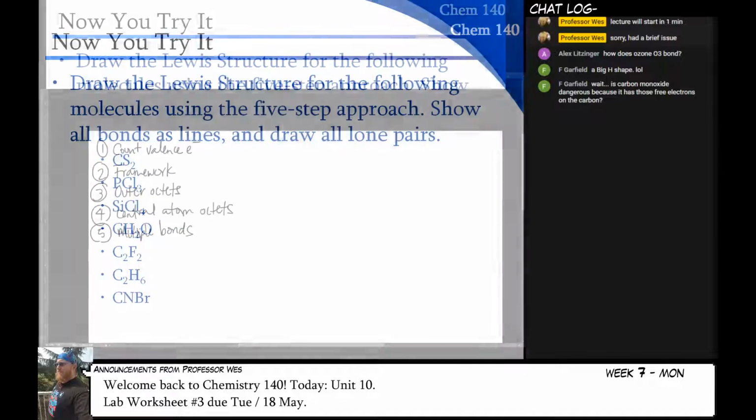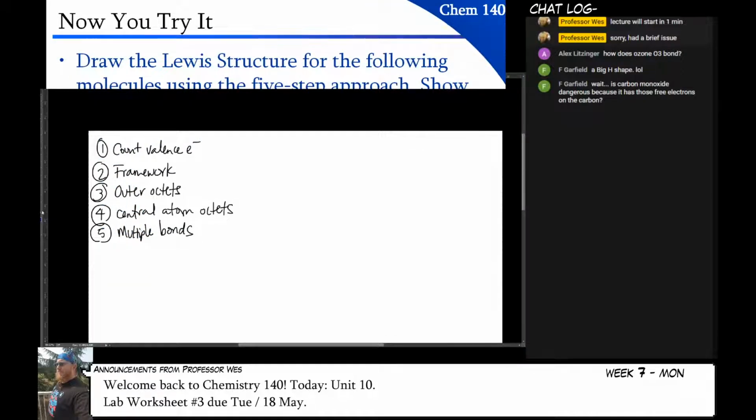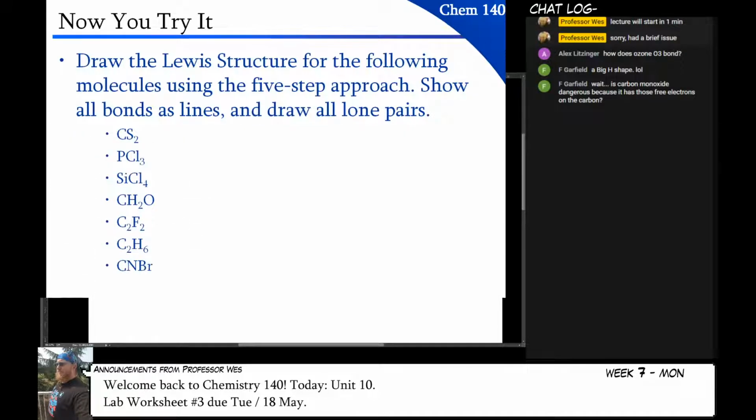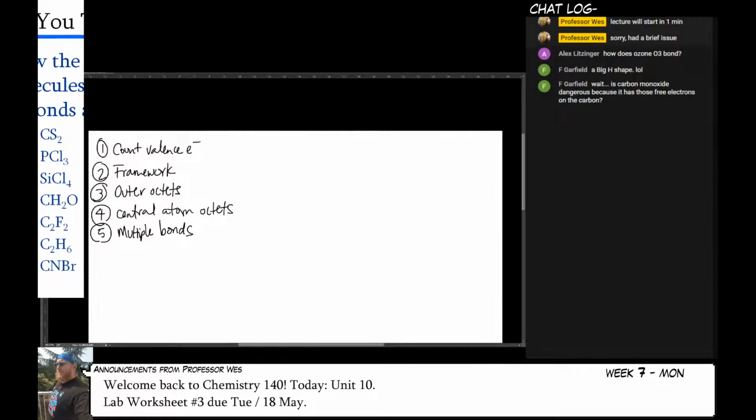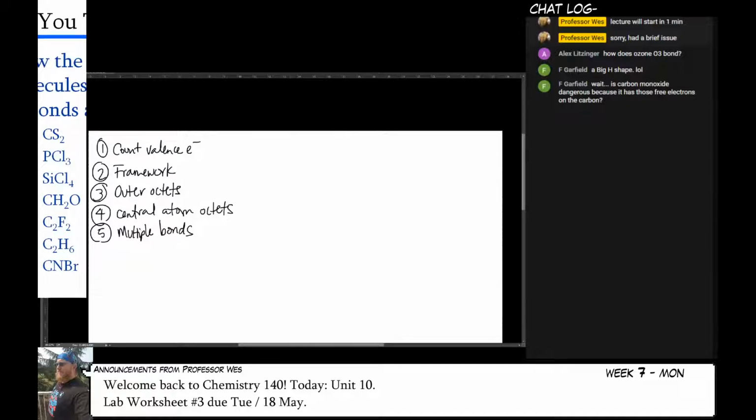I'm just trying to set this up so that now I can draw all over this, and then if I select all and delete it, it just gets rid of that. So there we go. All right, so we're going to do this for all of these molecules. We're going to go through it pretty quickly, though, because I'd like to get to the next unit for today.